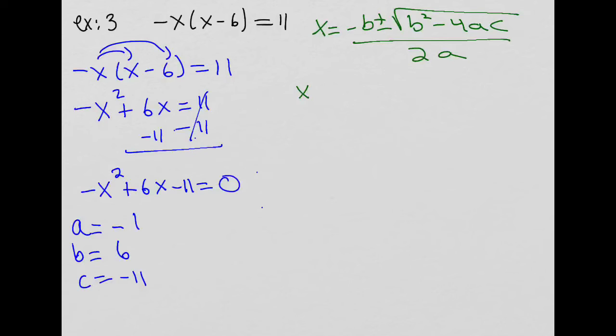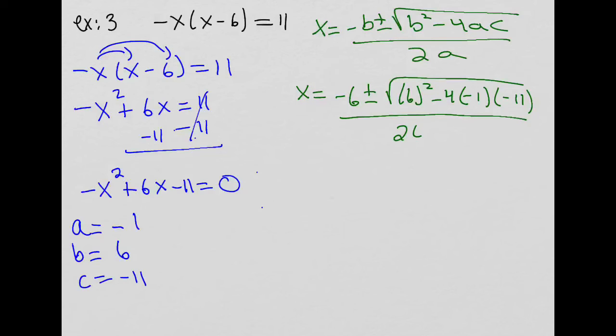Practice. So then this is x equals negative 6 plus or minus square root of 6 squared minus 4 times negative 1 times c, which is negative 11, all over 2 times negative 1.